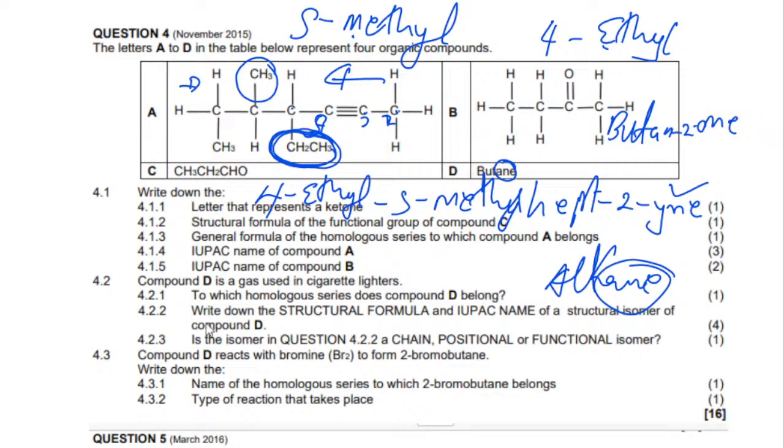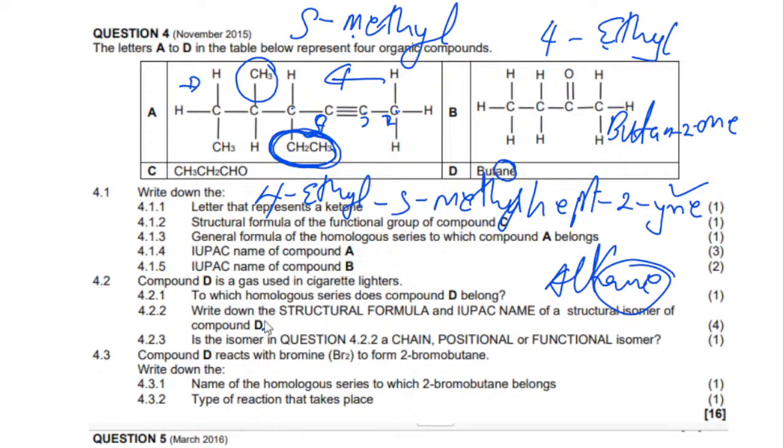So the homologous series is alkane. So they are saying write down the structure formula and IUPAC name of the structural isomer of compound D. What does it mean?